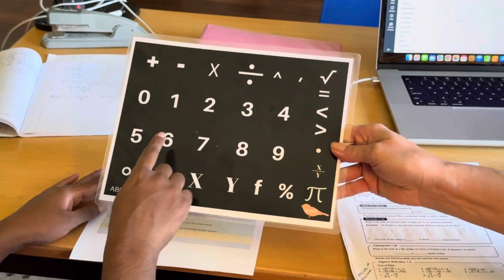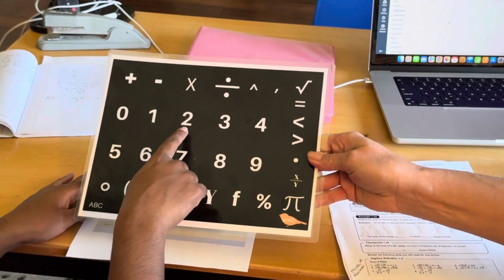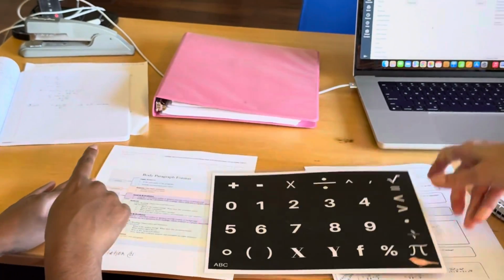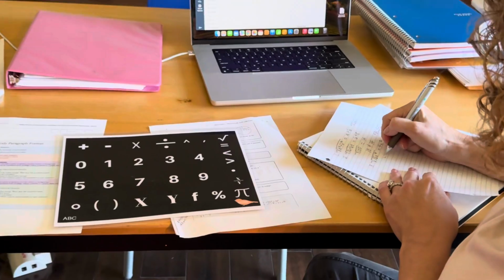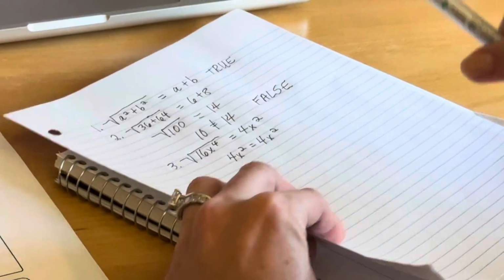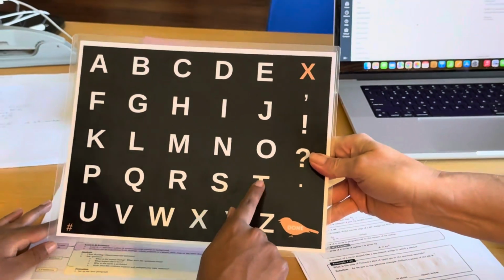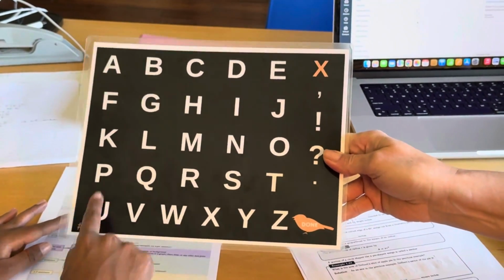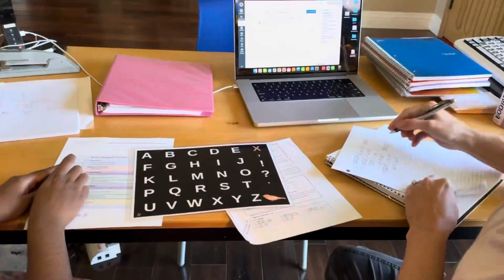Four x to the 2nd. You got it. So 4x to the 2nd equals 4x to the 2nd. Is that true or false? True. Nice. Definitely true.